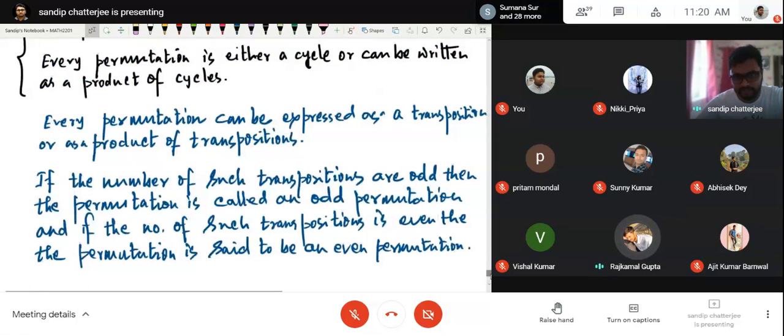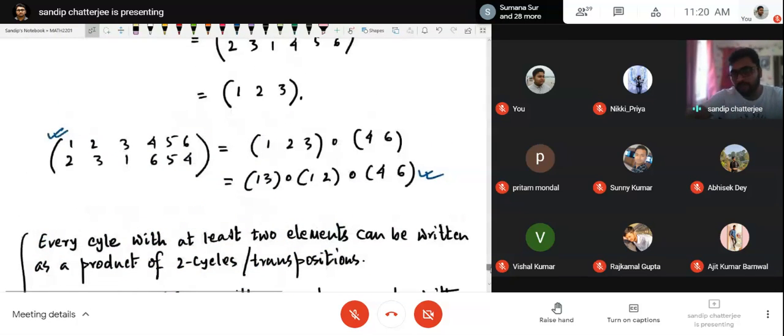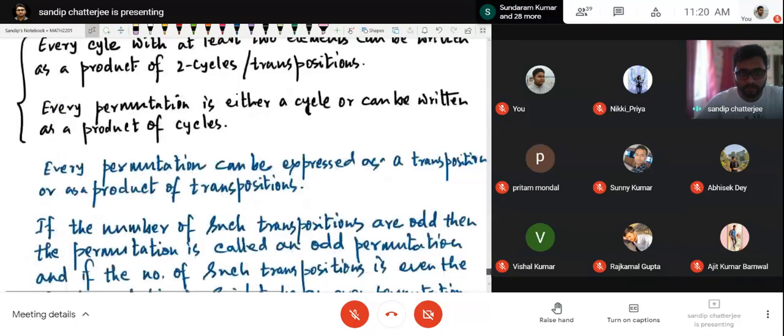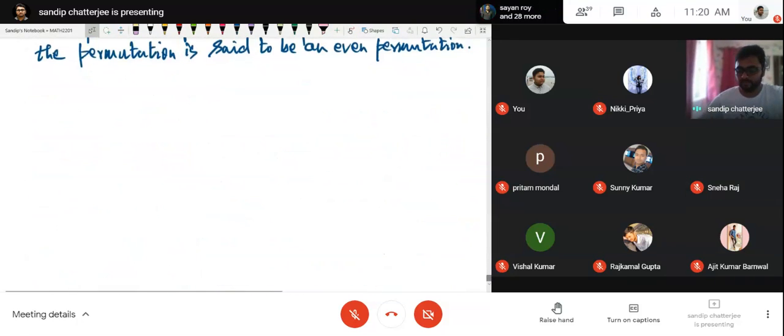You can see here it is odd, because it is written as a product of an odd number of transpositions. There are 3 transpositions, so this will be an odd permutation. Very good. Thank you so much for at least caring to respond.